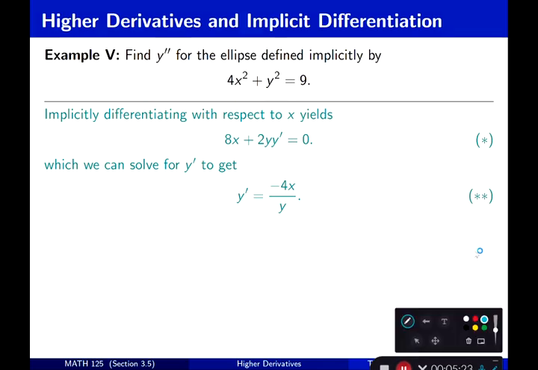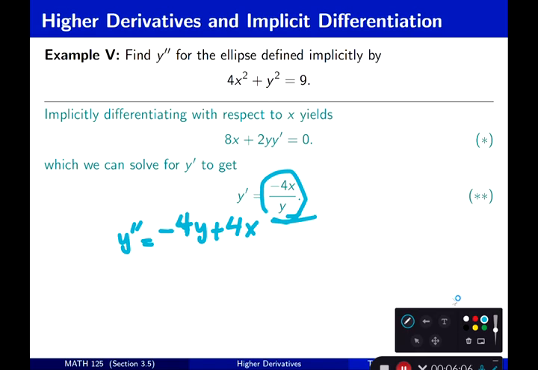Then from here, you take another derivative of both sides, and the derivative of y prime becomes the second derivative of y, which is y double prime, equal to, this is a quotient rule, so it's the derivative of high, minus 4 times y, then minus high, which is minus 4, times the derivative of the low.